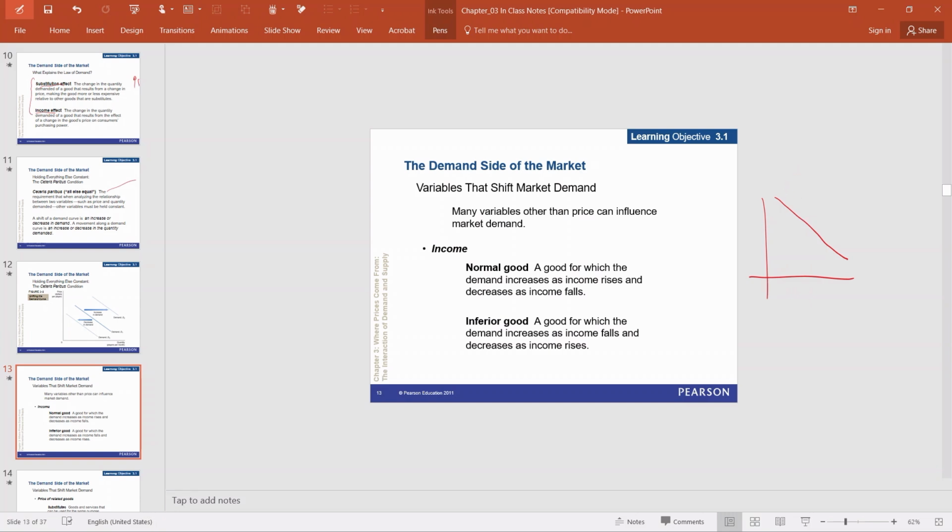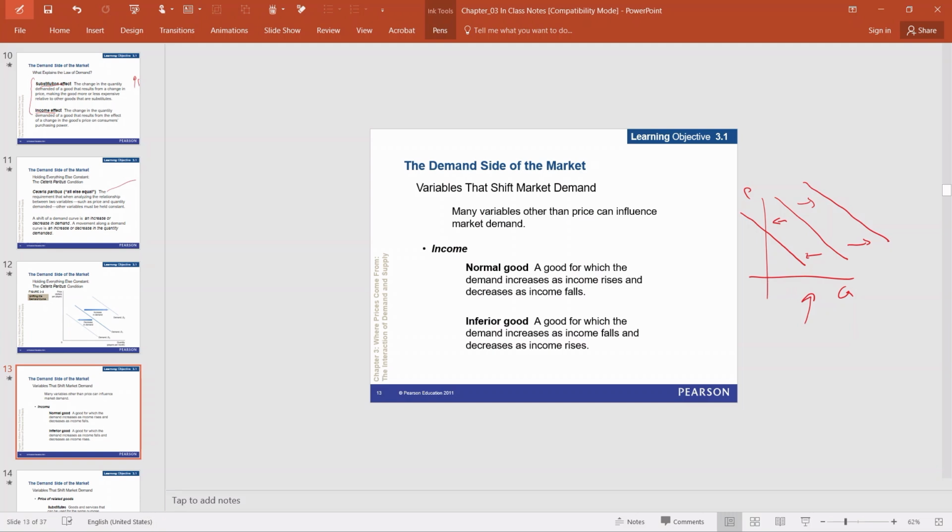So when we change the other variables, for example, if income increases, this will lead the demand curve to shift to the right, and if income decreases, the demand curve will shift to the left. This product that we are talking about is called a normal product, a product where consumers, when their income increases, buy more.